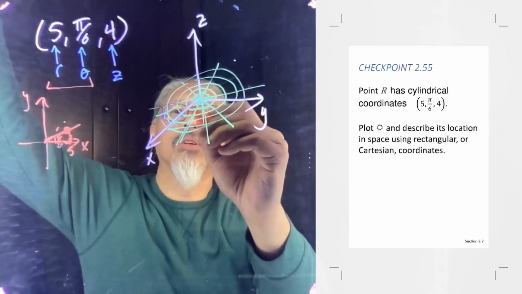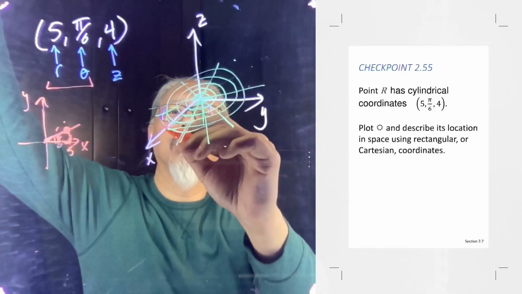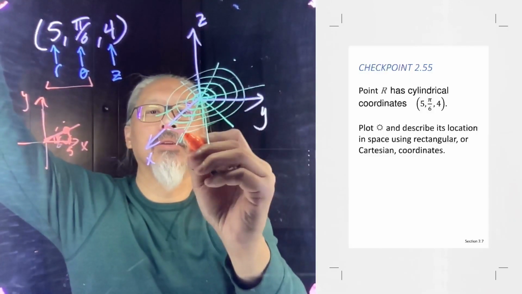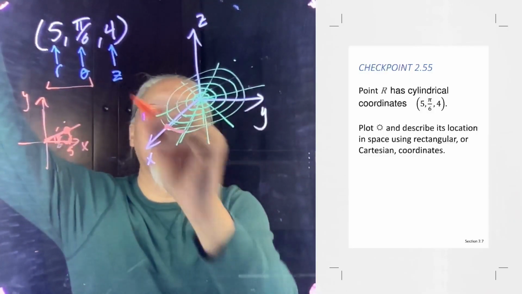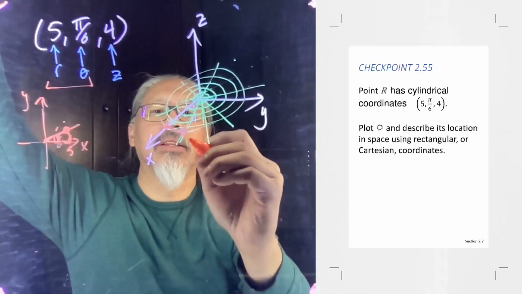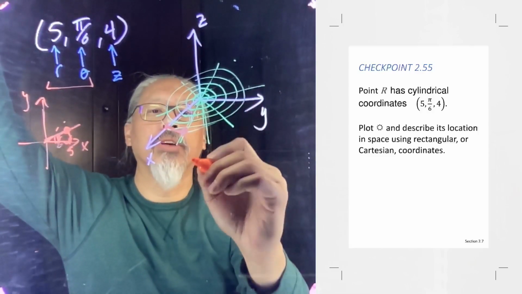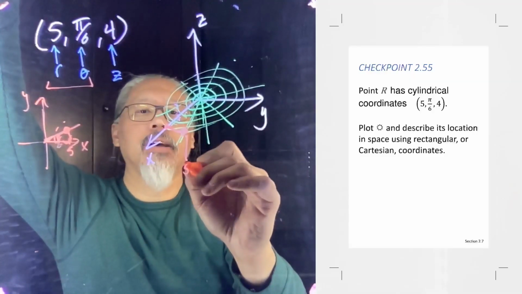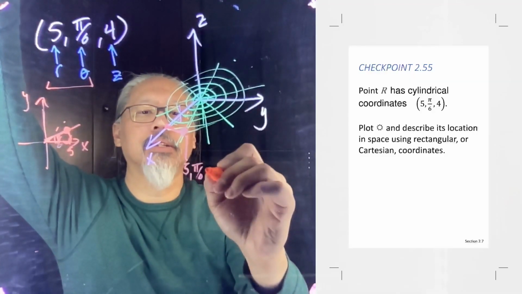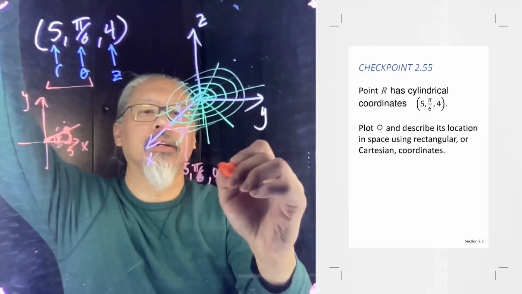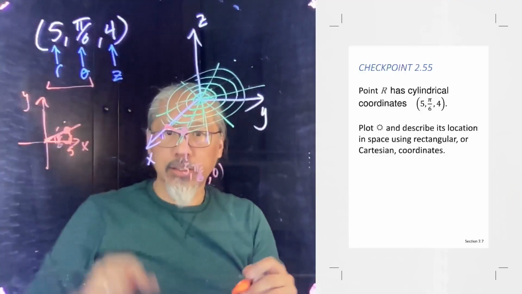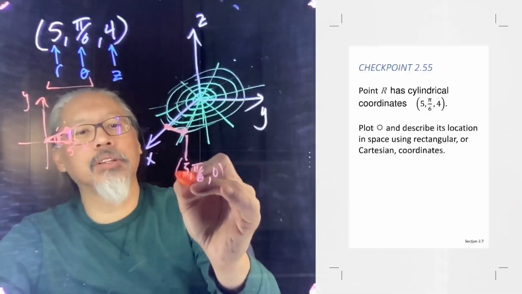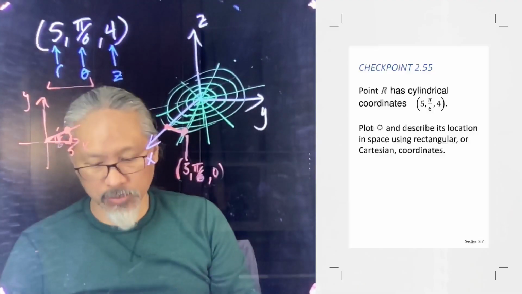Here we have 1, 2, 3, 4, 5 along the axis, and then we would go a short way at an angle of pi over 6, and this is going to be the equivalent point (5, pi over 6). And right now it's sitting at 0 because it's still on the xy plane, so your z component there is still going to be 0.